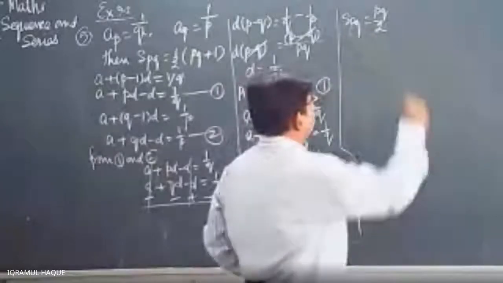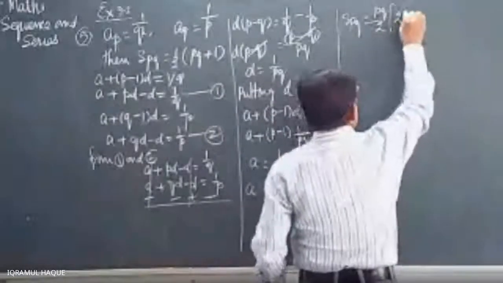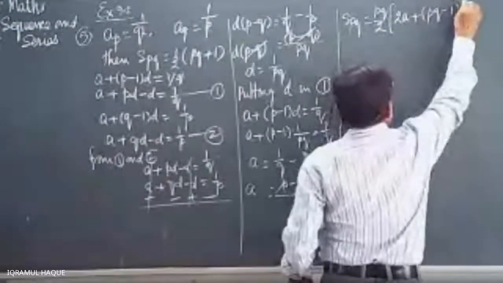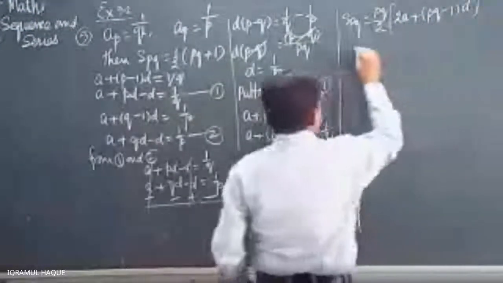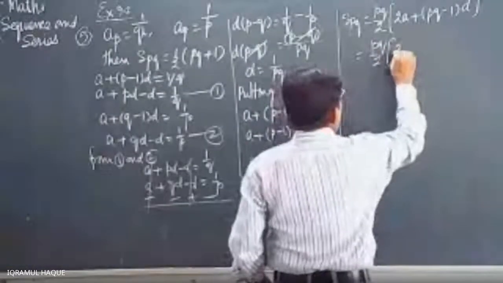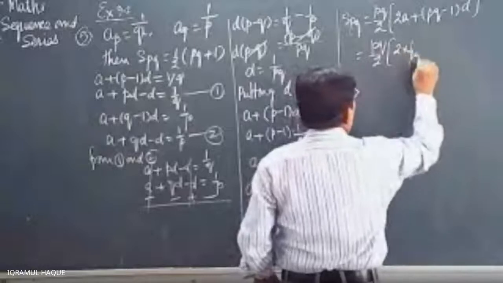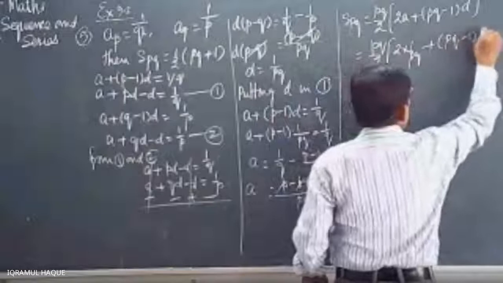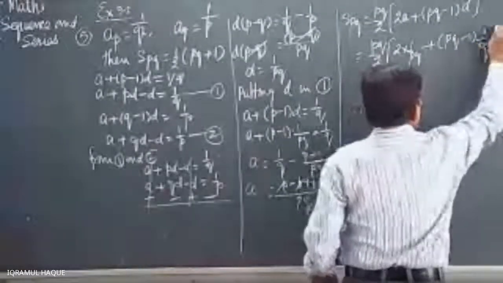Writing PQ, 2A plus (PQ minus 1) into D, the formula. So PQ upon 2, this is 2 into 1 upon PQ plus (PQ minus 1) into 1 upon PQ.